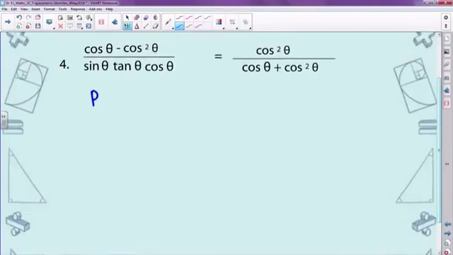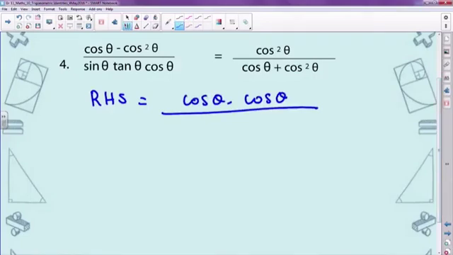So I tell the marker, right-hand side is cos squared theta, which is the same as cos theta times cos theta, all over sine plus. I take out a common factor of cos theta, bracket 1 plus cos theta.